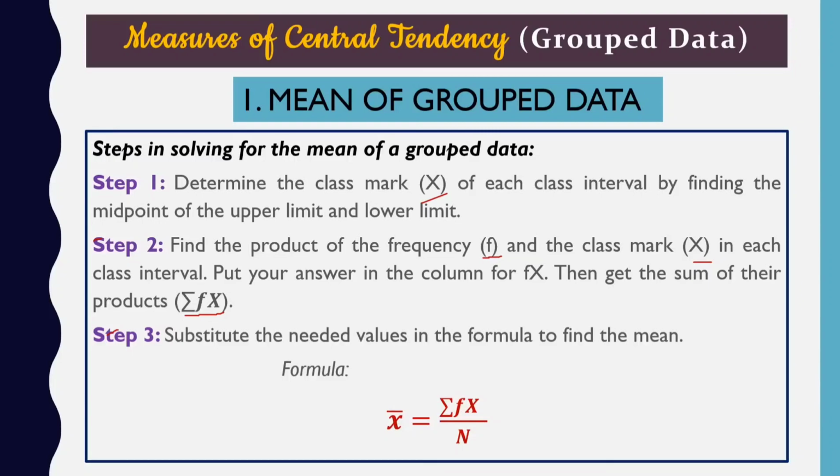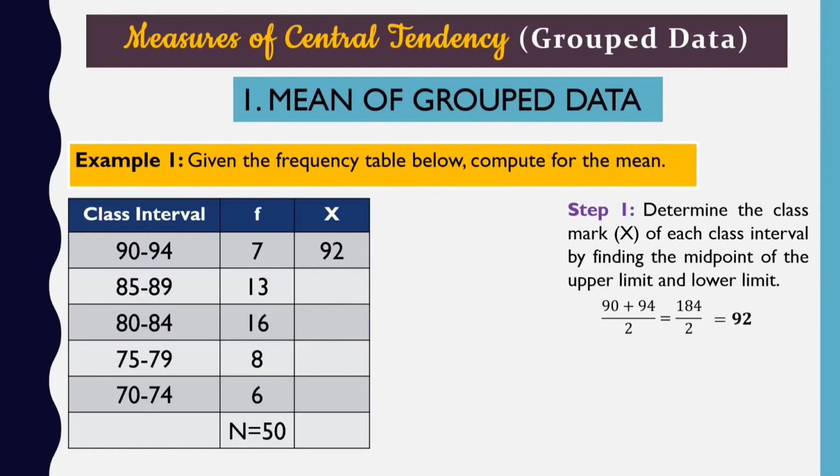Here is our formula. X bar for the mean is equal to the total sum of the product of f and the class mark x, over n. We have here example number 1.